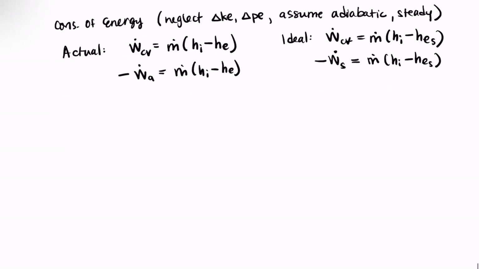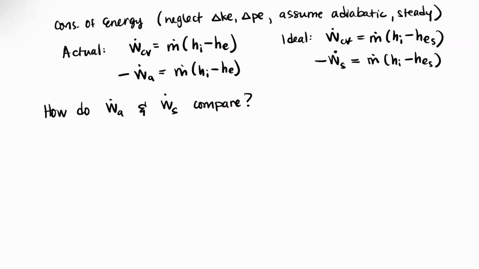If we wanted to know how the work input to an actual device is going to compare to that of an ideal device, we can look at the entropy balance. So how do W dot A and W dot S compare?